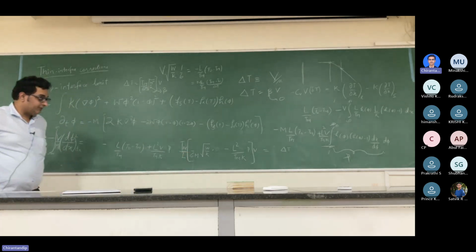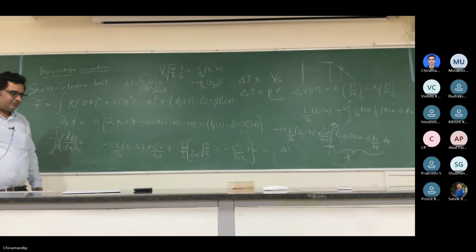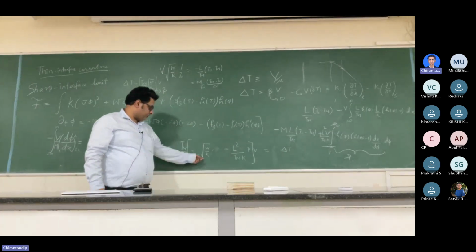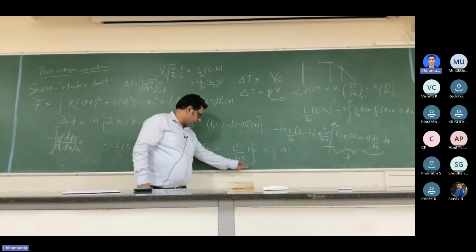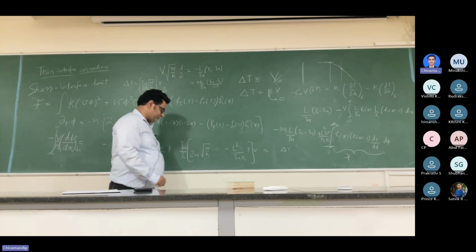Now you see the fun of this. What is the fun? Instead of delta T being equal to your original estimate, you have delta T equal to a difference of two terms times velocity.